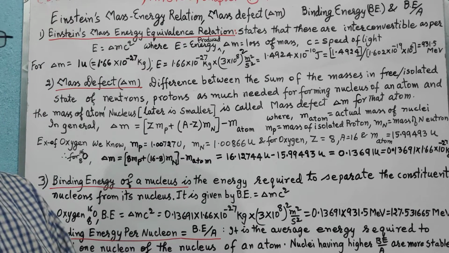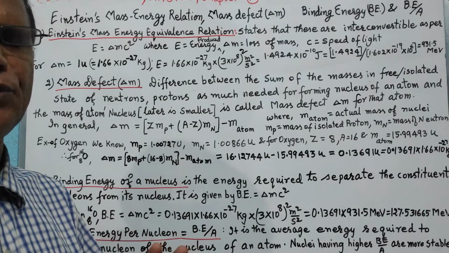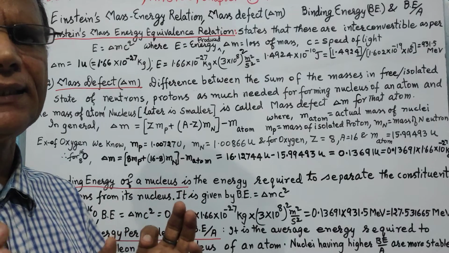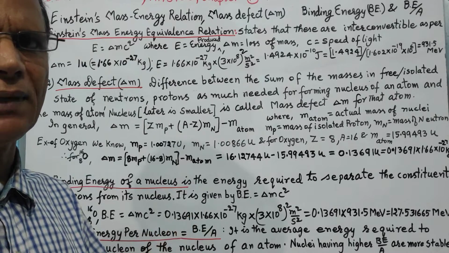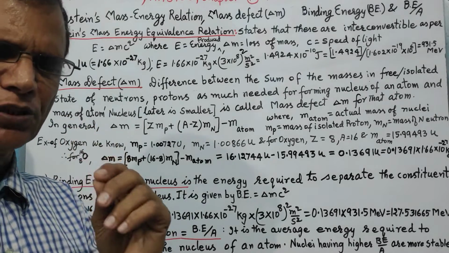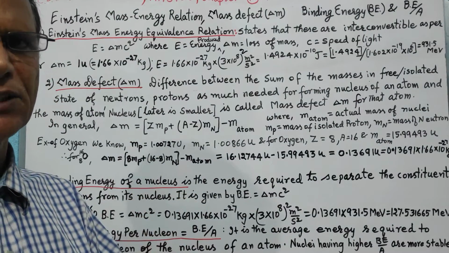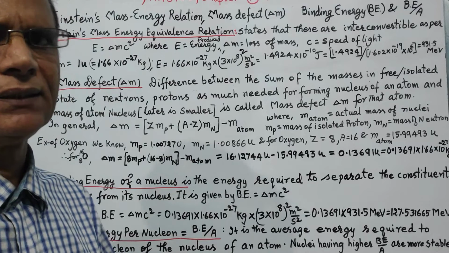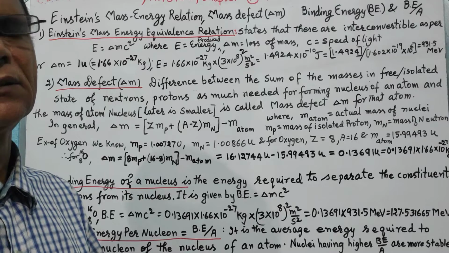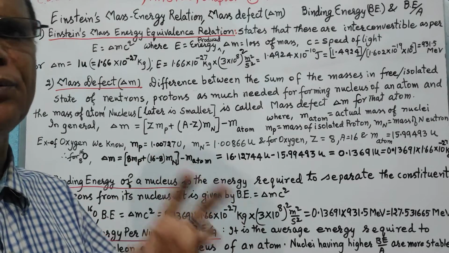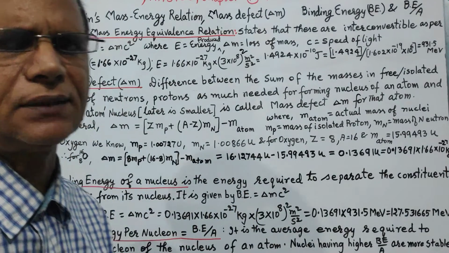So if we take 8 neutrons in isolation, and 8 protons in isolation, we sum up their masses, meaning mass of isolated proton into 8 plus mass of isolated neutron into 8, that will give us the total sum of mass of individual constituents which were responsible for formation of the nucleus of the oxygen.